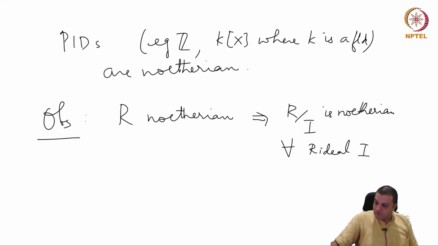So we are interested not just in Noetherian rings or rings in general, but also in their homomorphisms. Sorry, before I discuss maps, let me just do a proposition.